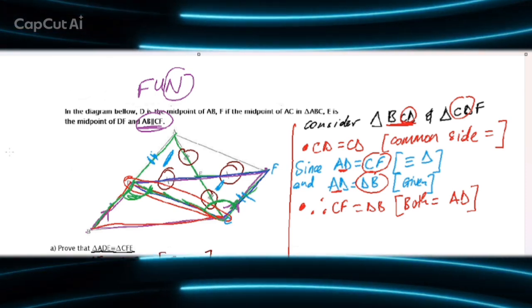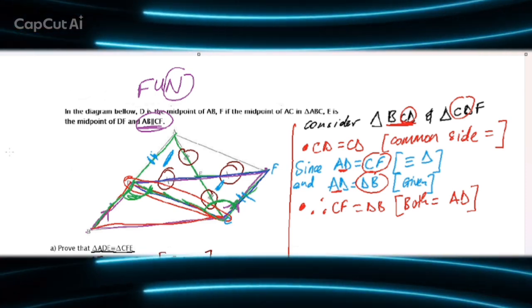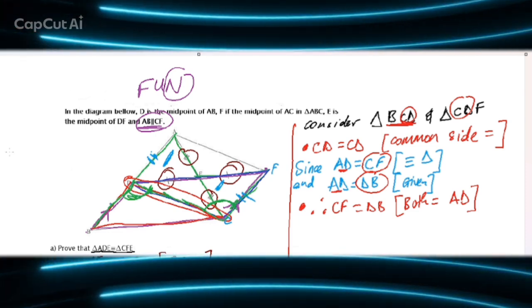So I can see that angle BDC will be equal to angle FCD.